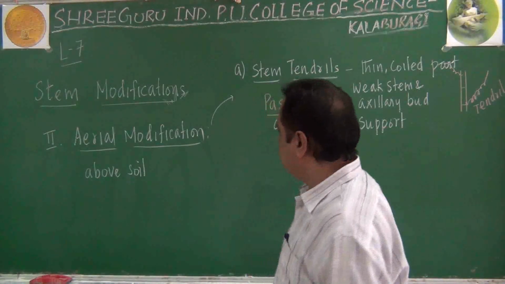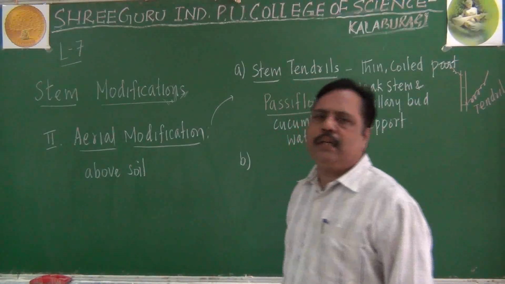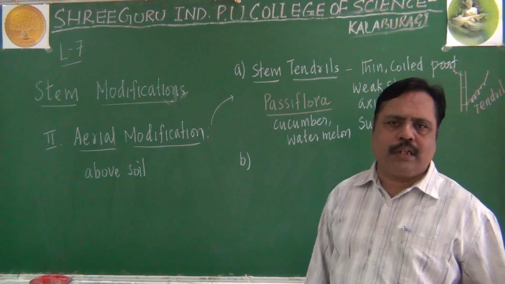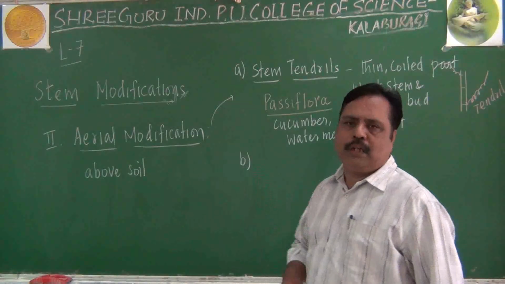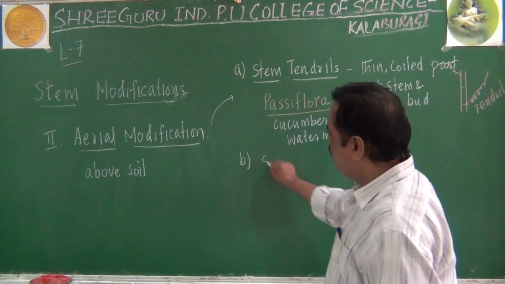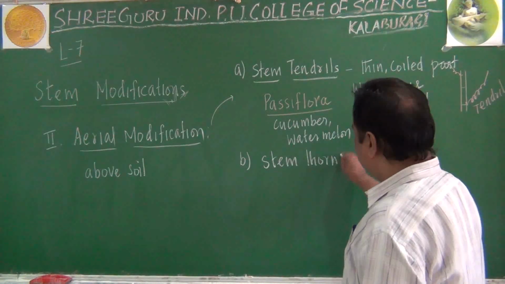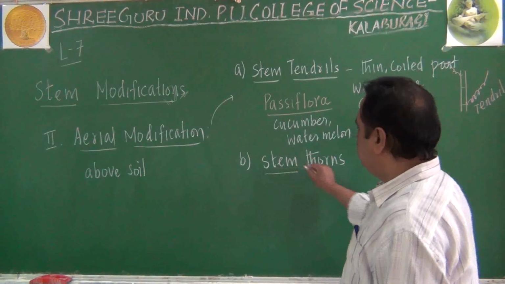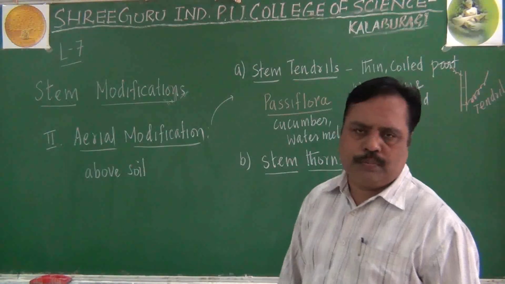Let me come to the second type of modification in aerial condition. Aerial means what? Above the soil. So above the soil, how does the stem undergo another type of modification? They are known as stem thorns, we can say. Next to stem tendril, you have to remember about stem thorns also.